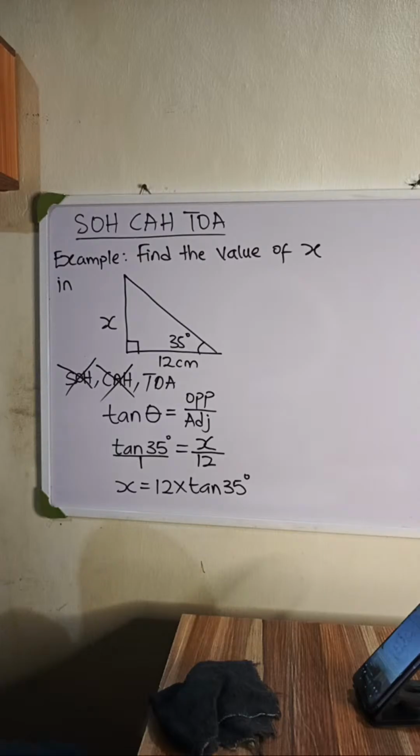So what will that give us? If you have your calculator, you can simply go to your calculator and type tan 35 degrees. What will that give you?